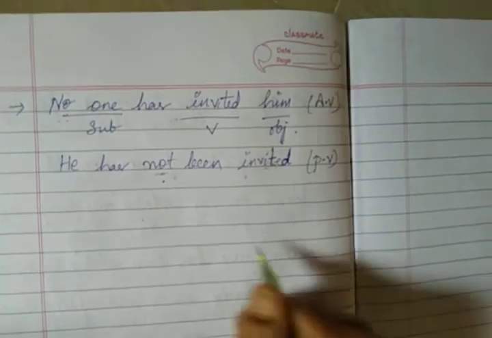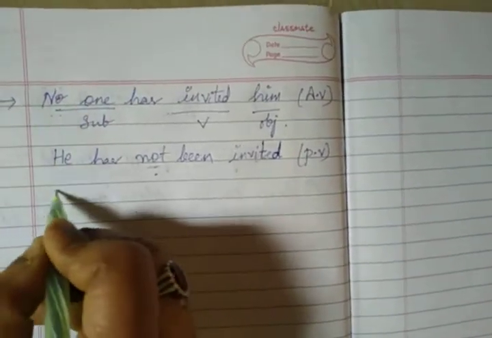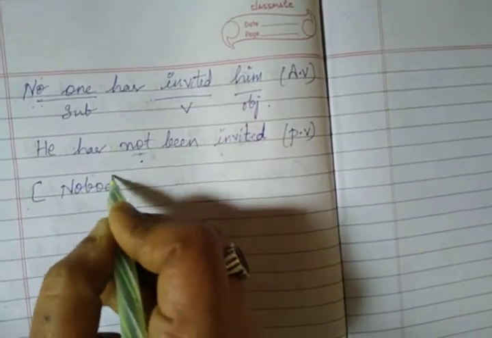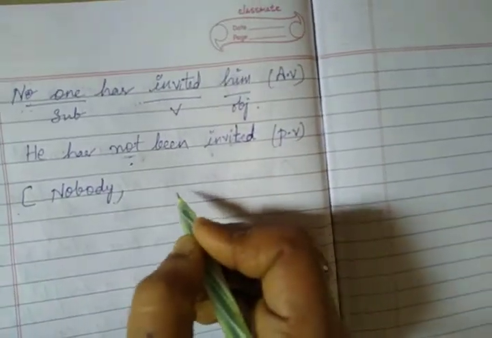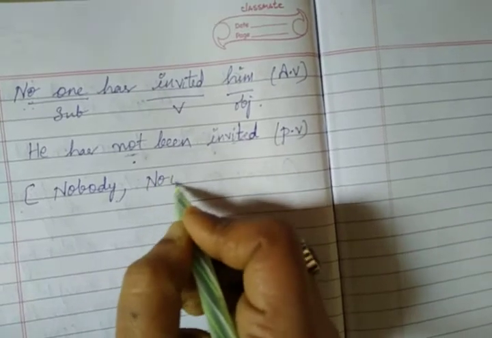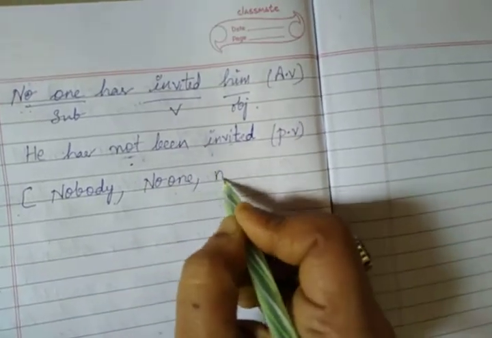So, no one, nobody, nothing: they are in negative form. So it is compulsory to use not in the passive voice. What are they? Nobody, no one, nothing.